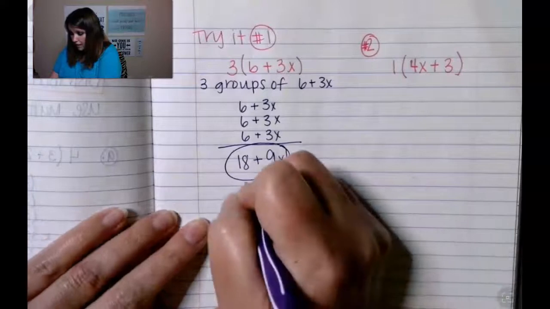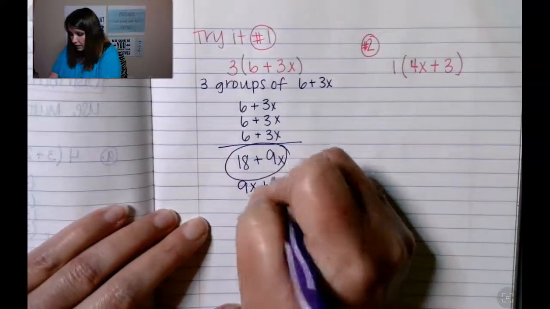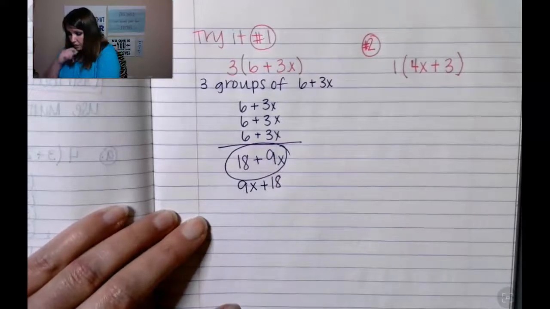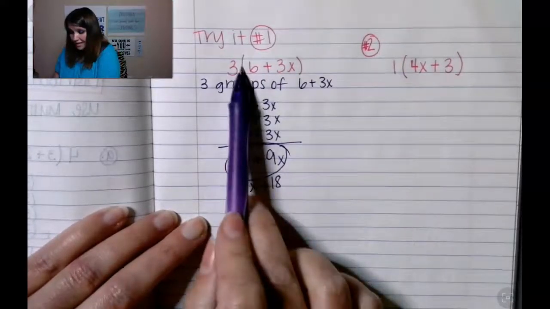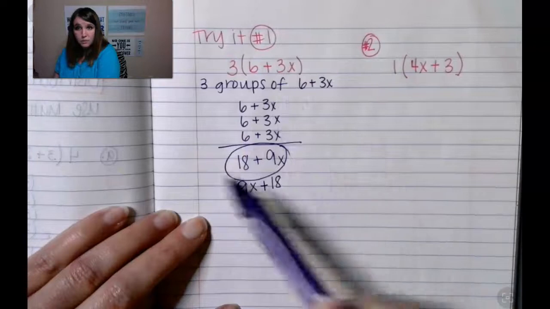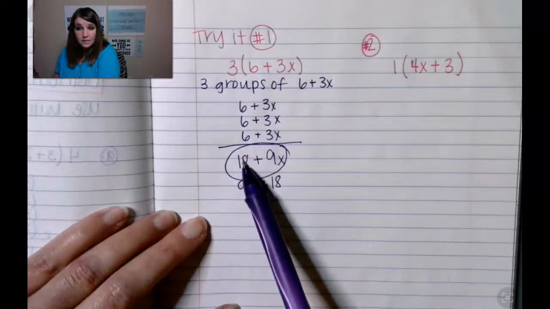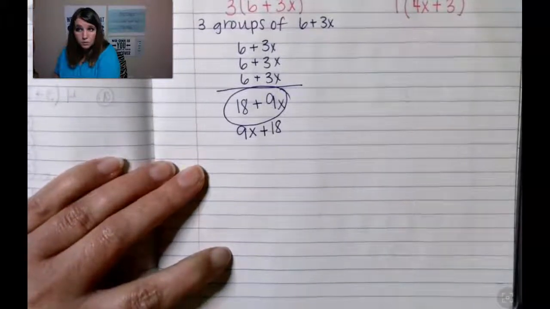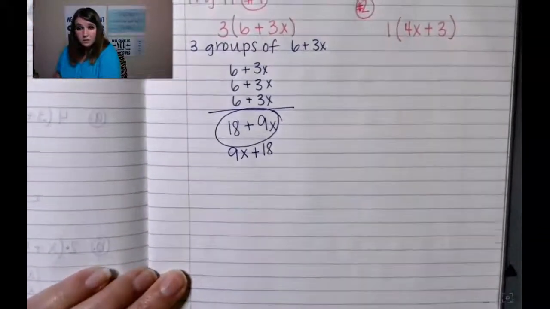Remember, you should write it the other way, 9x plus 18, just because the variable should come first. However, they didn't write it that way in this problem, so it's okay to leave it as 18 plus 9x. But commutative property says we can move them around. So either answer is okay.